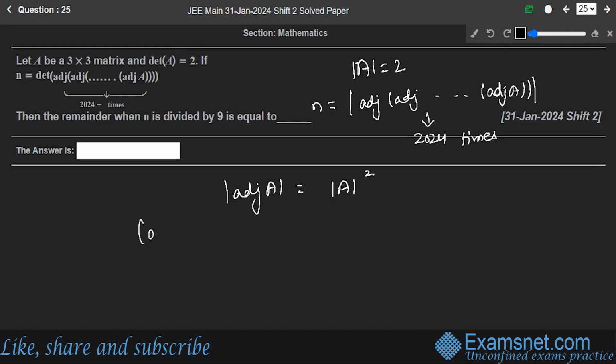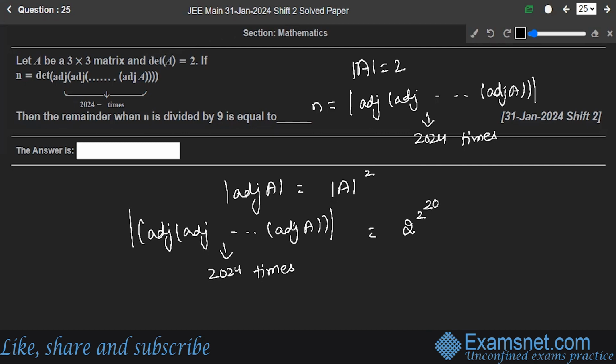So that means the determinant of adjoint of determinant of adjoint of A, 2024 times, is equal to the determinant of A raised to power 2 raised to power 2024, that is, 2 raised to power 2 raised to power 2024.